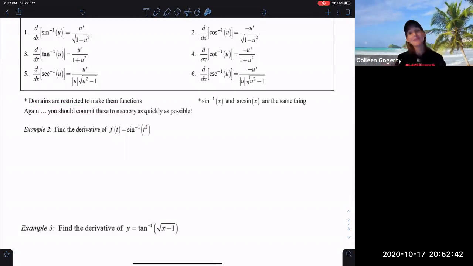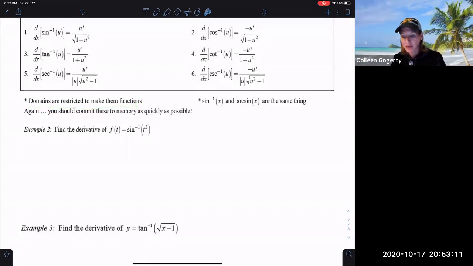Your book does a nice job explaining these. So if you actually are inquisitive to know, like, I'm not really totally sure why that absolute value of u is there, go and look in your book, it's all good. So domains are restricted to make these functions. We remember that, I hope, from when we were graphing secant and cosecant and cotangent inverse, actually even sine and cosine inverse back in pre-calc, okay?